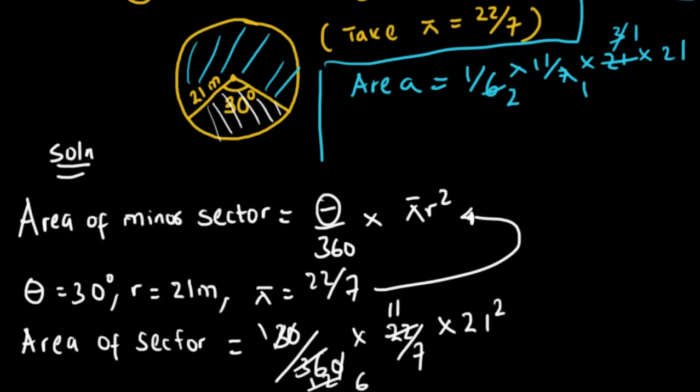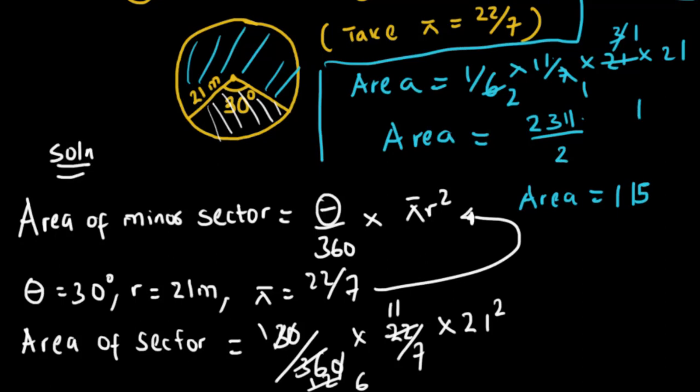So we are left with 11 times 21 divided by 2. So area should equal 11 times 21, which gives 231, all over 2. So 2 in 2 is 1, 2 in 3 is 1, remainder 1, 2 in 11 is 5, remainder 1. I put a point here, add 0, 2 in 10 is 5. So I have 115.5 meters squared, and here is the area of the minor sector.